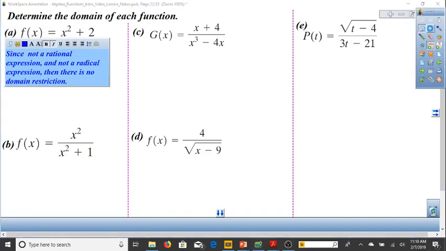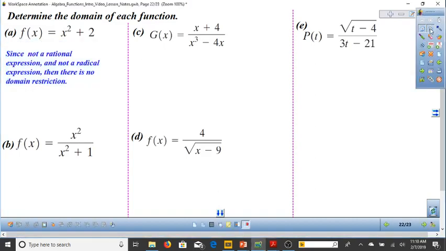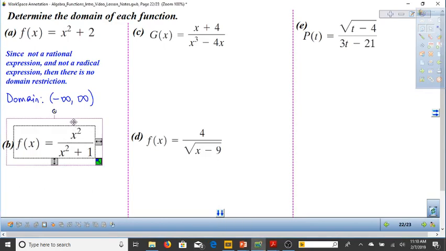And if we have no domain restriction, then the domain is all real numbers. So the domain is therefore negative infinity to positive infinity, all real numbers.